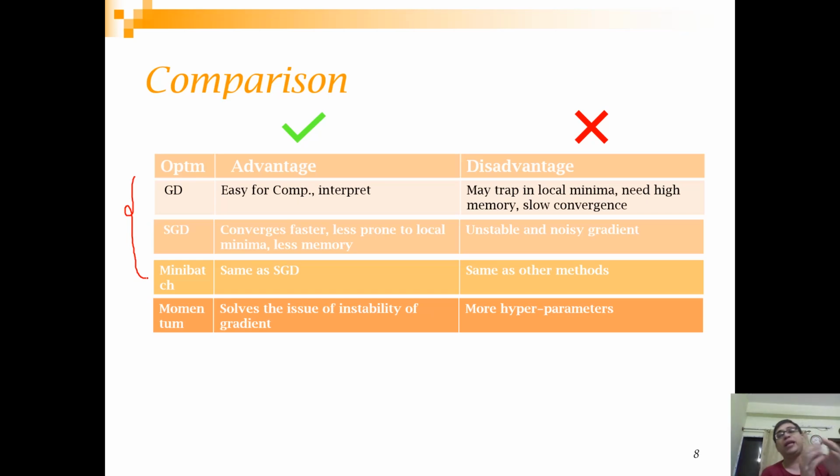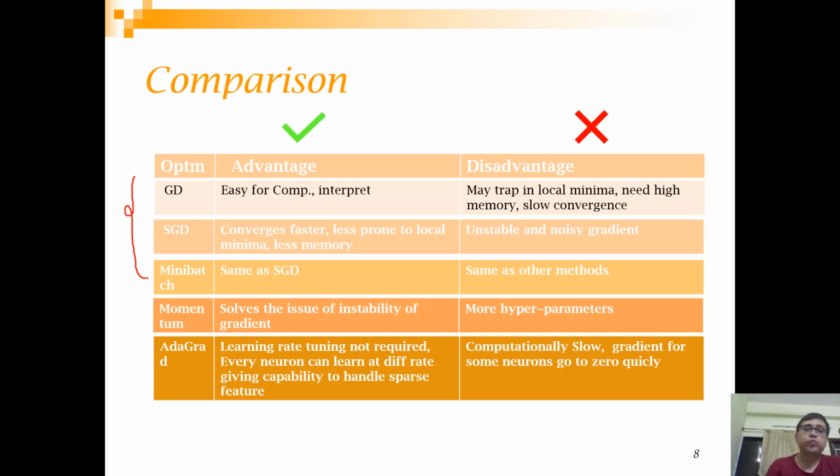It doesn't only calculate the direction at the current stage, but also at the future state, and that brings quite a good amount of improvement. And then we went to AdaGrad, because AdaGrad allows you to change the learning rate. That is a very important advantage, and each neuron can learn at a different pace.